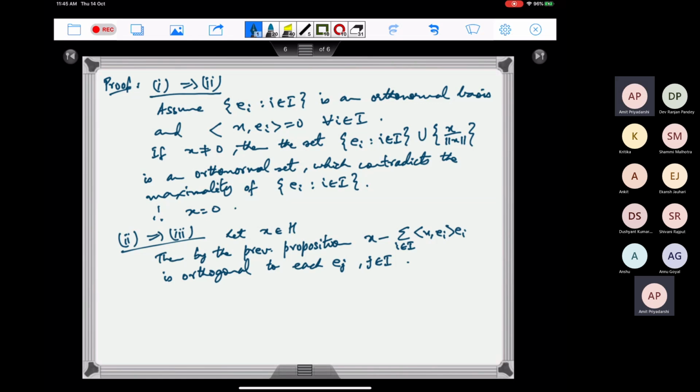But we know that by 2, if any vector is orthogonal to each vector in this set, then it has to be the 0 vector.